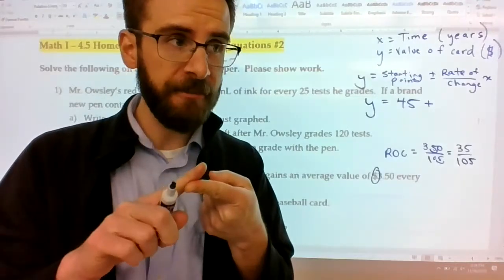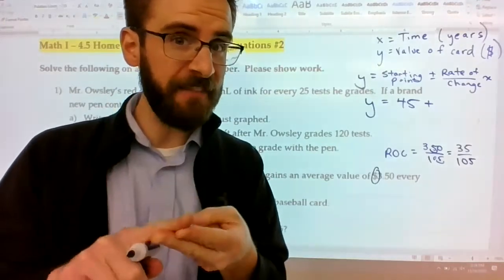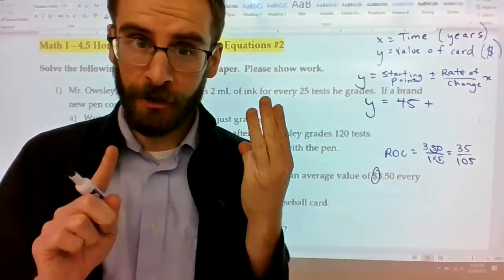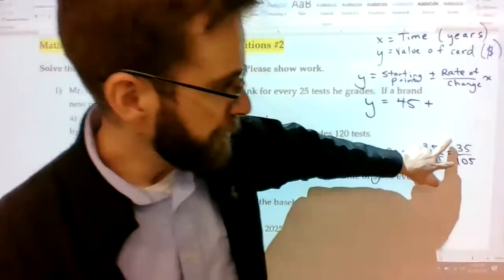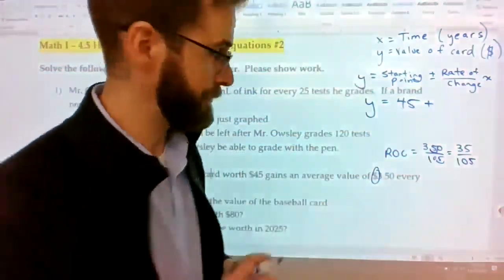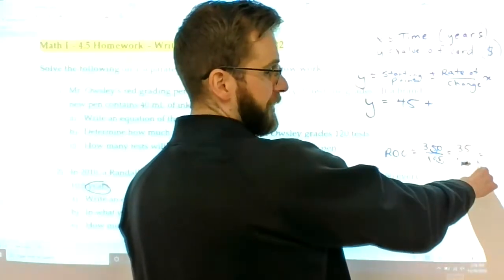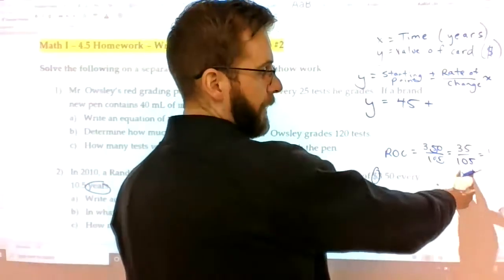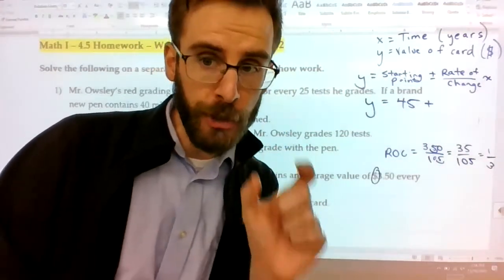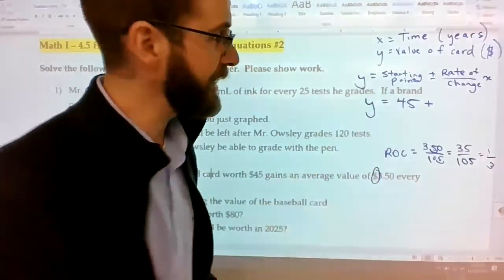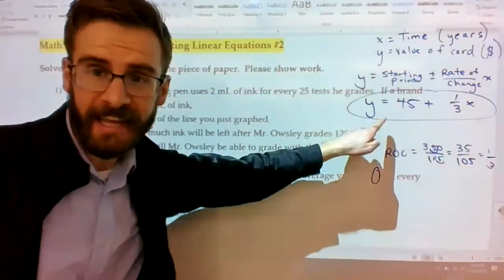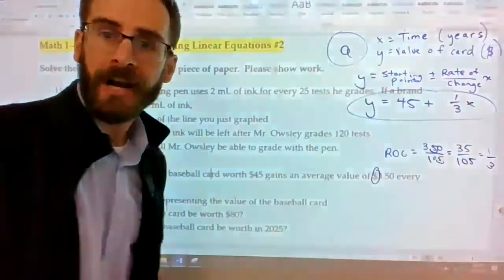So 35 times 2 is 70. Add 35 more, you got 105. So the top goes into the bottom 3 times. Divide the top by 35, you get 1. Divide the bottom by 35, you get 3. So I want you to put the reduced version of the fraction inside your equation. So that's the answer to part A.